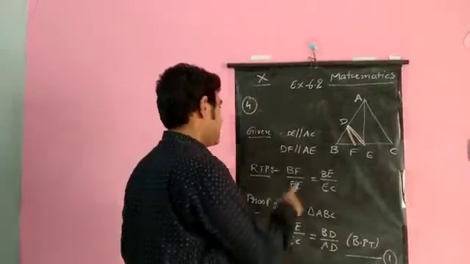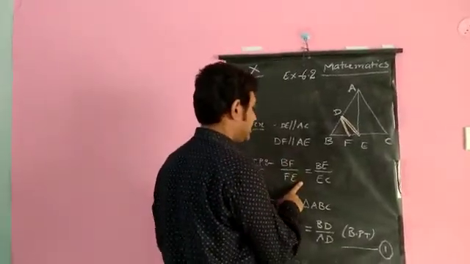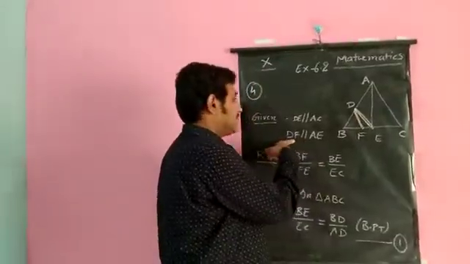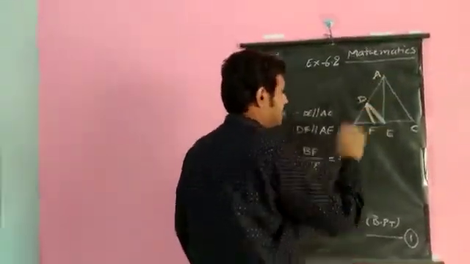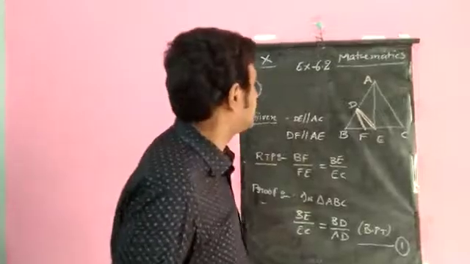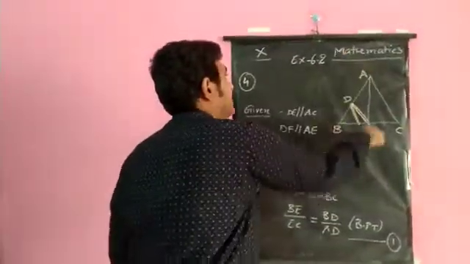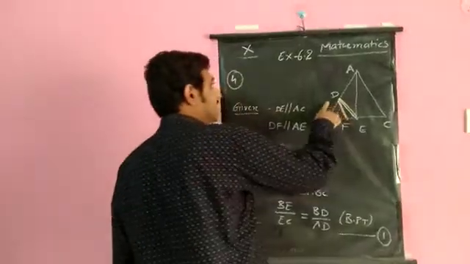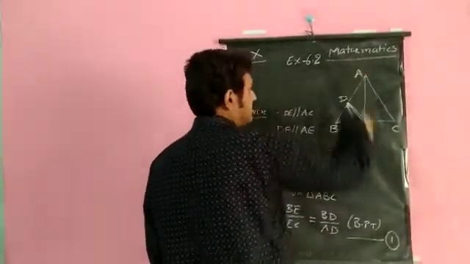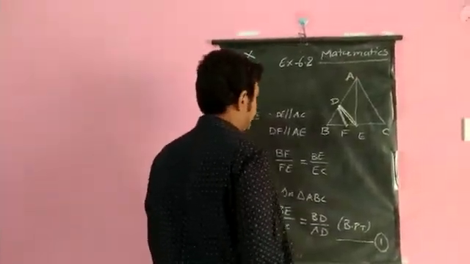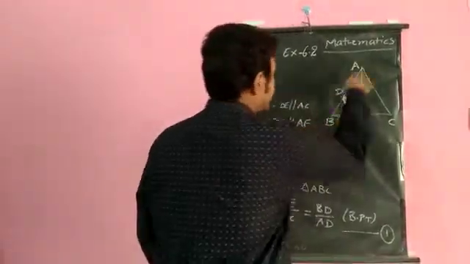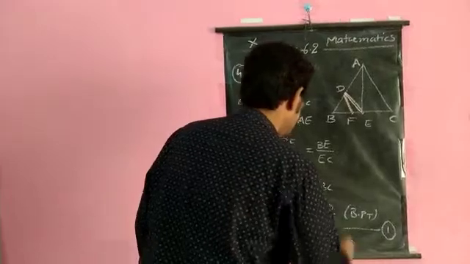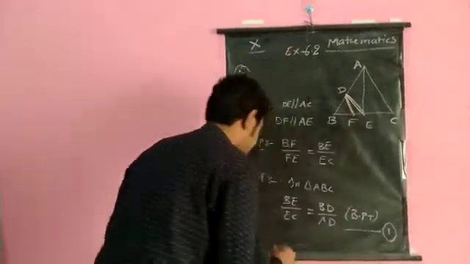The other ratio I need is BF by FE, so I take another triangle in which BF and FE both appear. DF is parallel to AE, so I take triangle ABE. In triangle ABE, DF is parallel to side AE, intersecting the other two sides AB and BE, so it divides them in the same ratio.